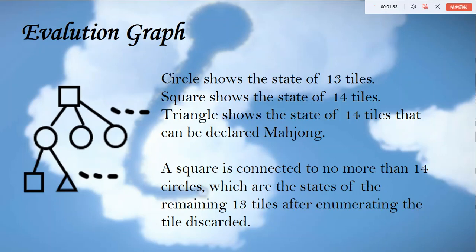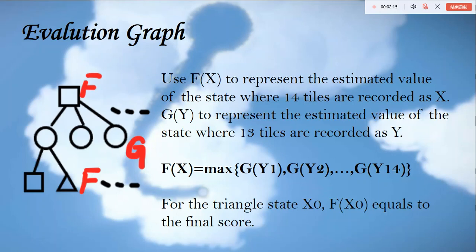The state of each 14 tiles is connected to no more than 14 circles. There may be duplicated tiles in the 14 tiles, which are the states of the remaining 13 tiles after enumerating the tile discarded. In this way, the square state is easier to calculate.